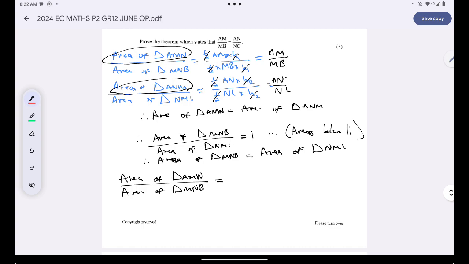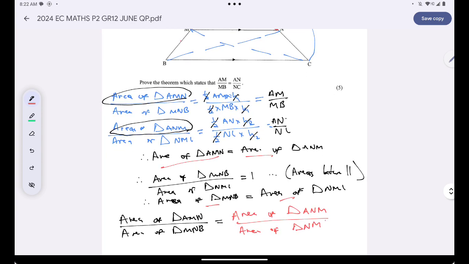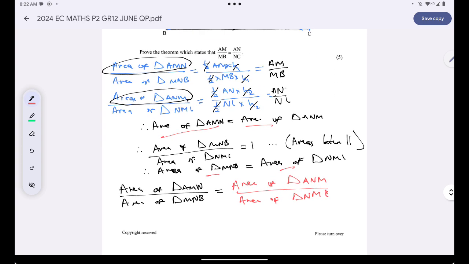Why? Because I've shown that this is equal to this and this is equal to this, right? So I'll just say area of triangle AMN over the area of triangle ANMC, right?